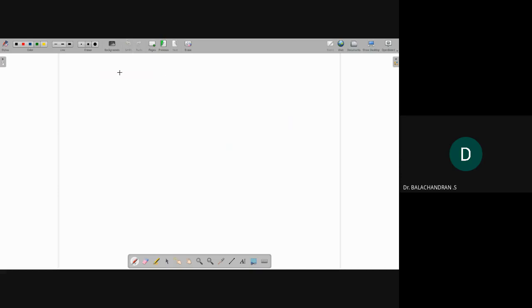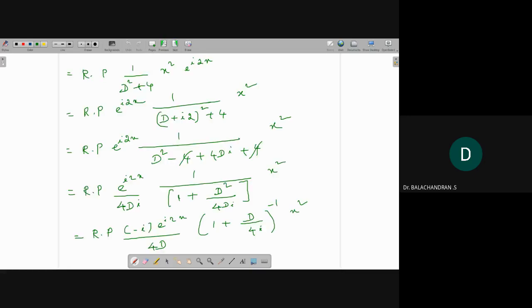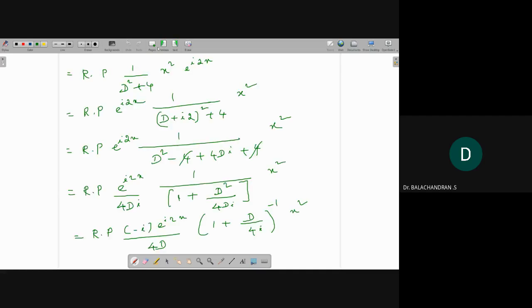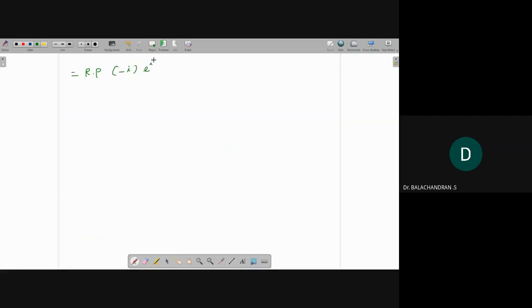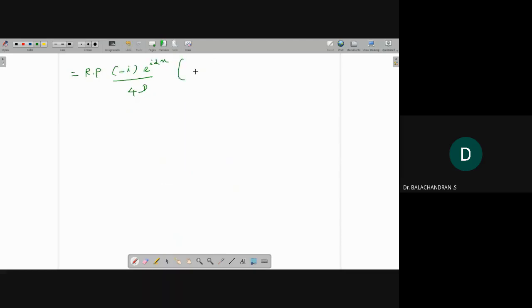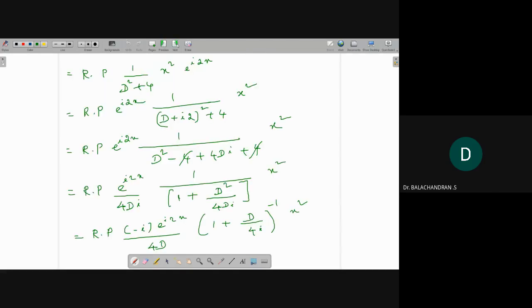Real part of minus i into e power i2x by 4D, into 1 by i is minus i. So 1 minus Di by 4, whole power minus 1 into x square.